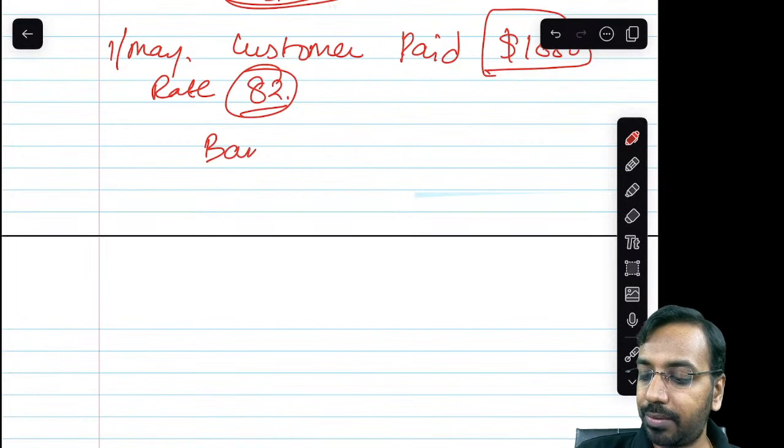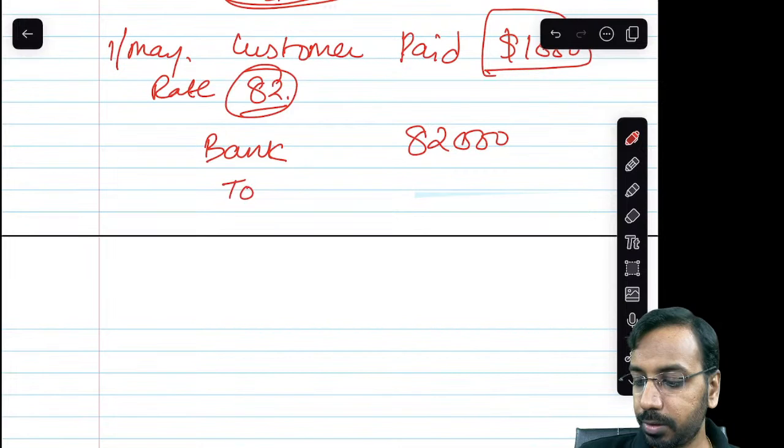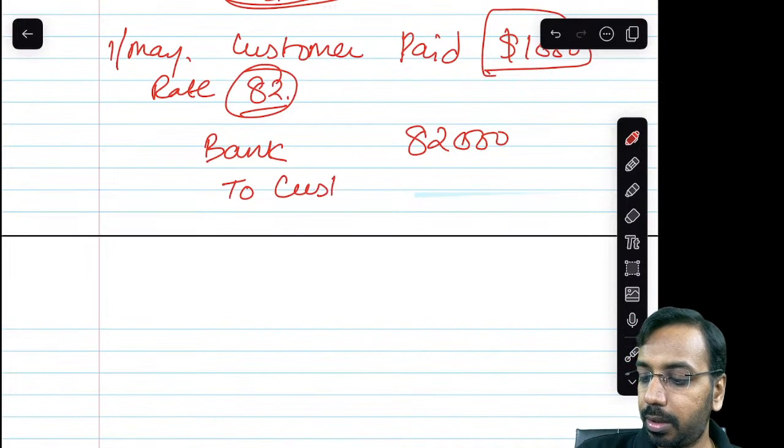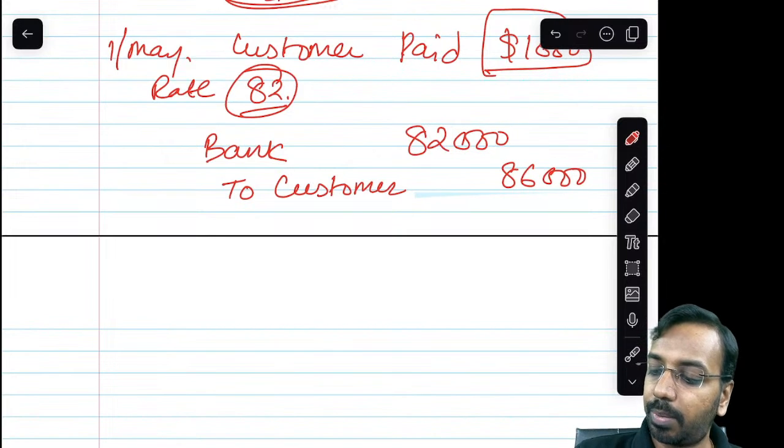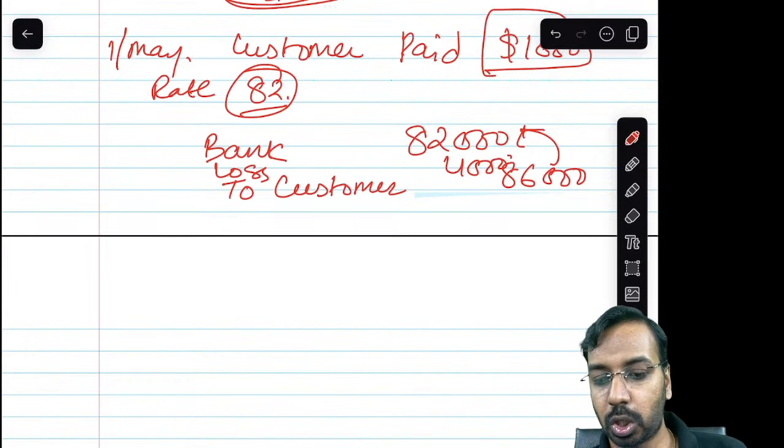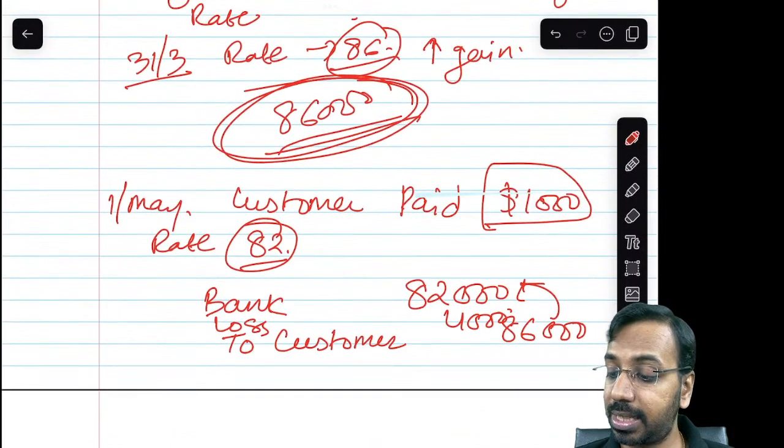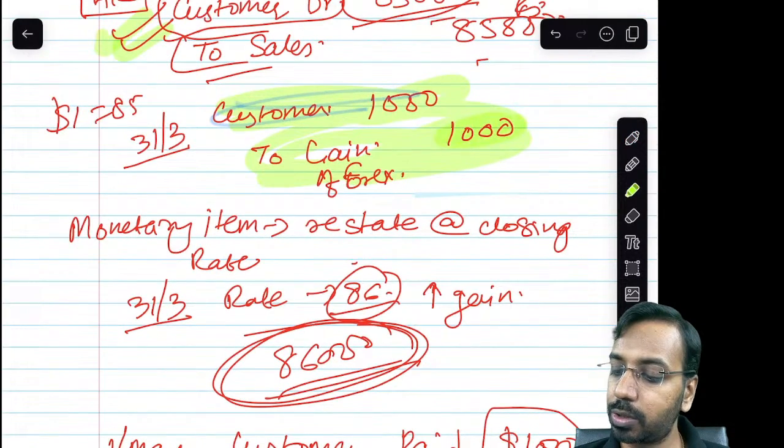So, the amount that I have received in bank is 82,000 to customer having a value of 86,000, but I received only 82,000, so there is a loss of 4,000. Net loss is 3,000. 4,000 of loss here and 1,000 of gain here.